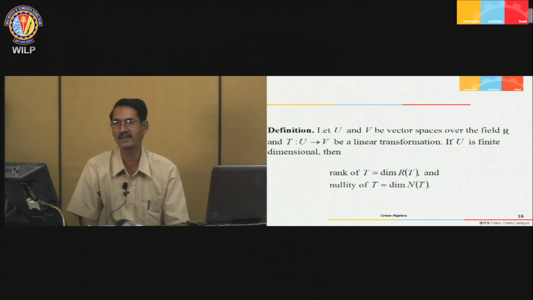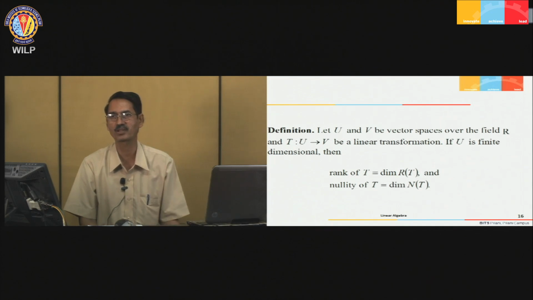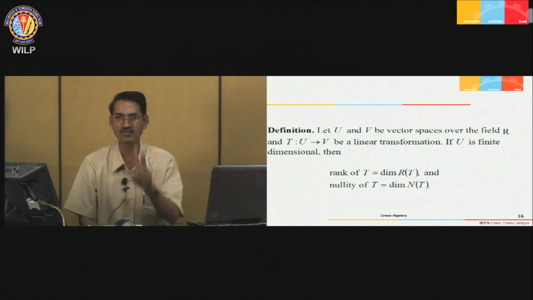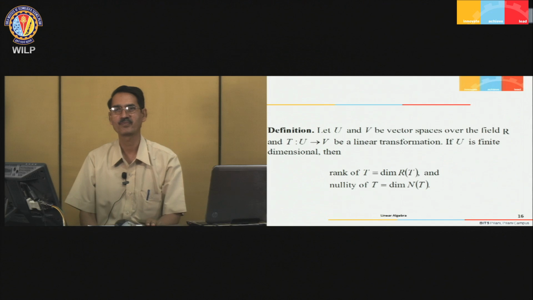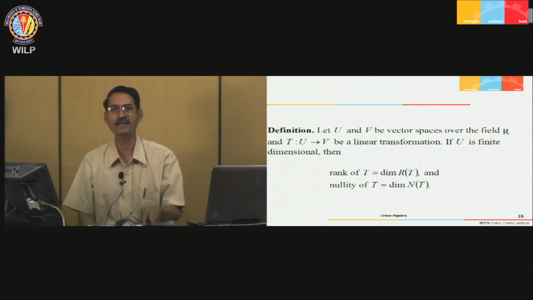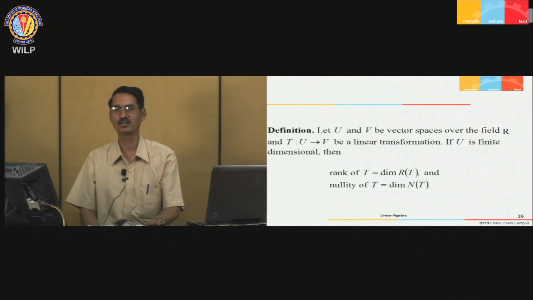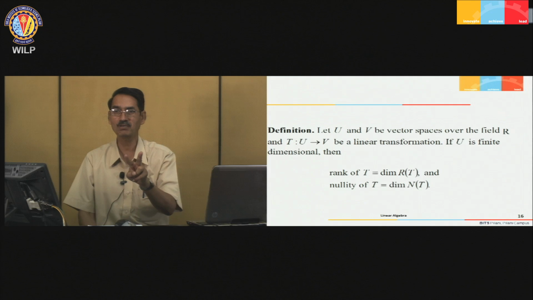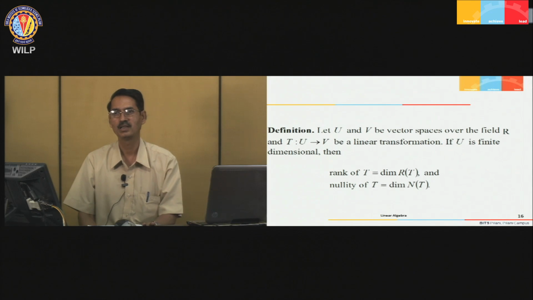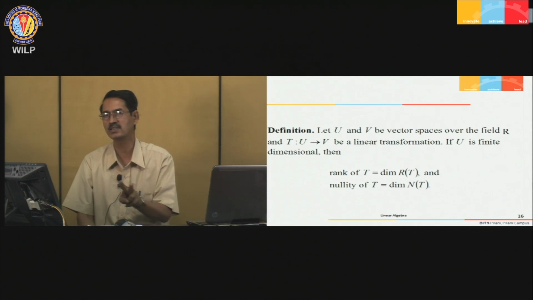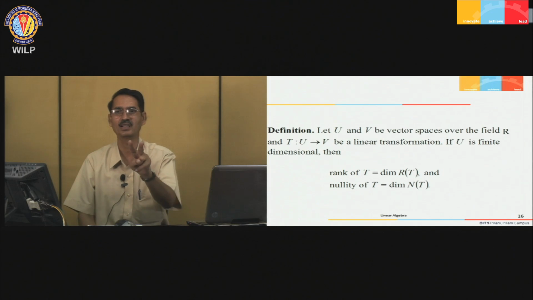Then how to find the rank of the linear transformation? We have seen in our first two lectures how to find the rank of a matrix. Here we are going to see how to find the rank of a linear transformation. We must know first of all what is the rank of a linear transformation. The rank of a linear transformation is the dimension of RT. What is RT?